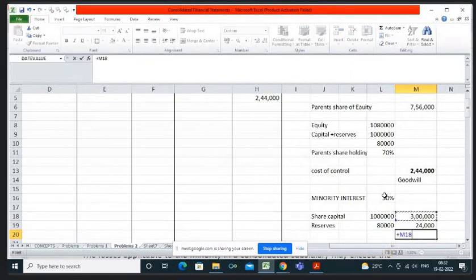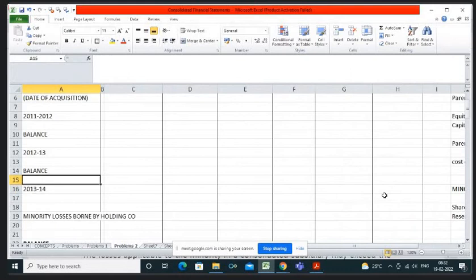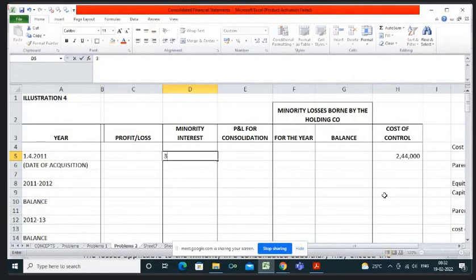So total minority interest will be 3 lakhs plus 24,000, which is 3 lakh 24,000. So on date of acquisition, we will have minority interest as 3 lakh 24,000.